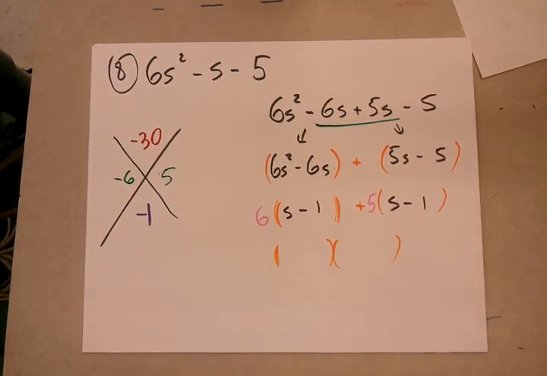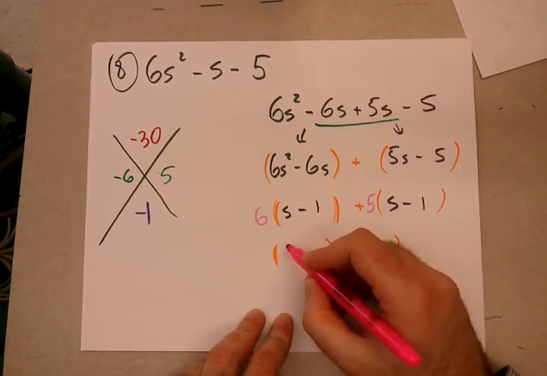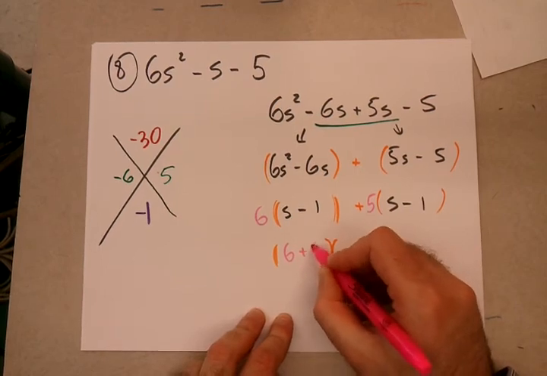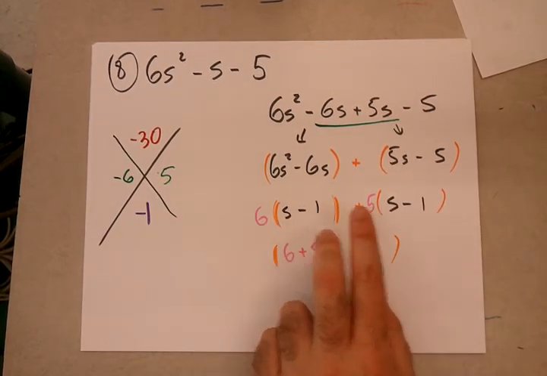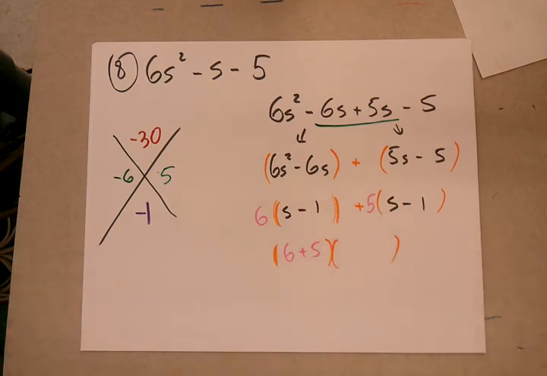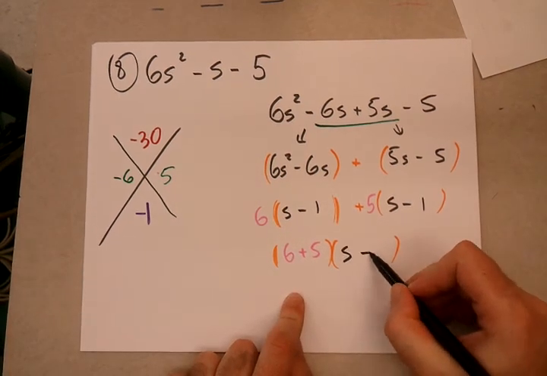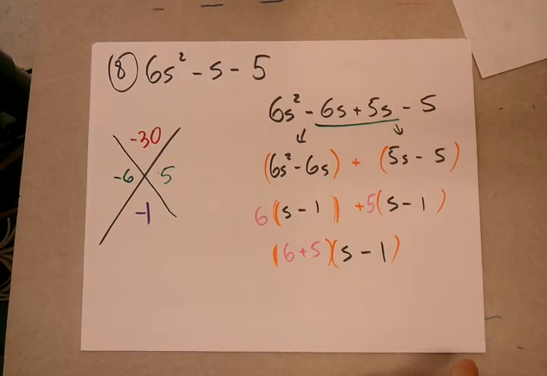And now they're actually going to be next to each other. Now they're being multiplied. So the first one is going to be 6s plus 5. And the next parenthesis is going to contain one of these 2. Doesn't matter which one, they're identical. s minus 1. So that is it. You're done.